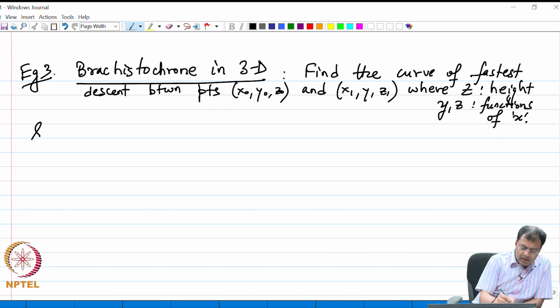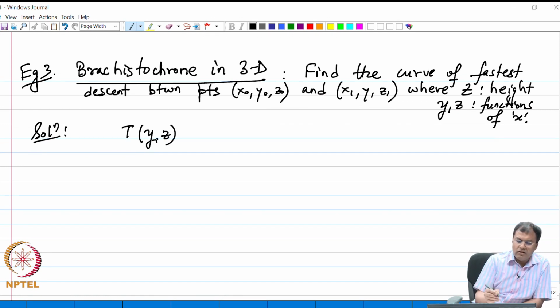So we see that to figure out the solution to the brachistochrone in 3D, we again write down the time functional. So our time functional is T of y comma z, these are my two dependent variables, and it comes out to be 1 by square root 2g.